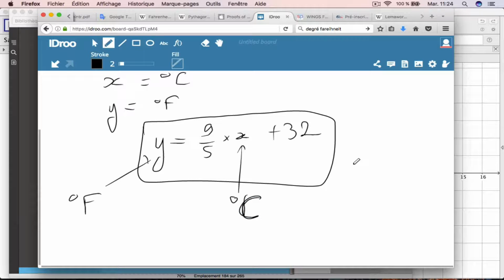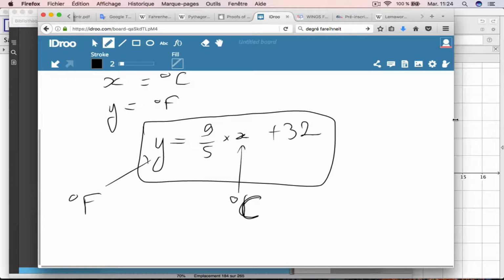Okay, so we can do better than that. We can make a representation of that using a coordinate system. What's a coordinate system? Nous pouvons faire mieux que ça, nous pouvons faire une représentation graphique de cette relation grâce à un système de coordonnées.